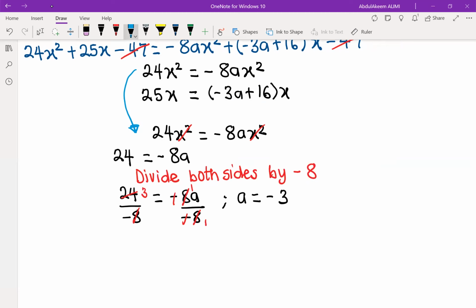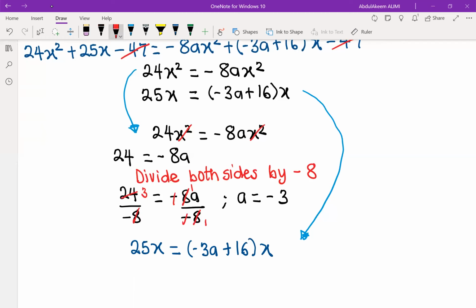So let's check the second one now. I have 25x equals minus 3a plus 16 all times x. This x will cancel this x as expected. So I'll be having 25 equals minus 3a plus 16.